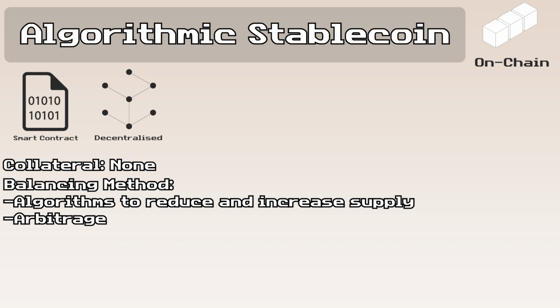So if the token price goes above the peg, then they can increase the supply and theoretically reduce the value of the stablecoin. Or if the stablecoin goes below peg, then they can decrease the supply. So it's a kind of supply-demand system. They also rely on arbitrage as well of users.